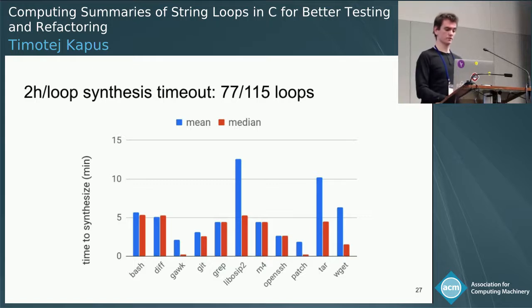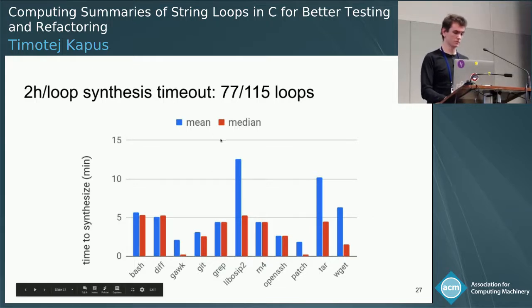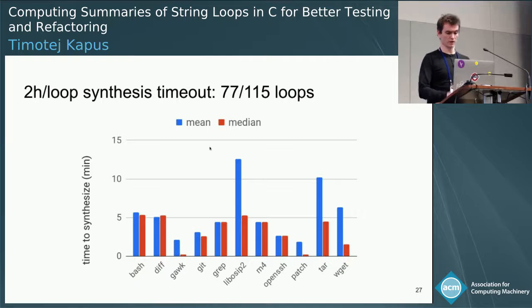This graph shows the mean and the median time to synthesize loops over the programs we had. And there are 2 things to note here. Mostly it doesn't take the full 2 hours. It takes about 5 minutes on average.